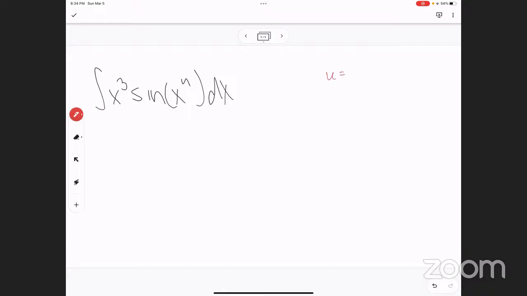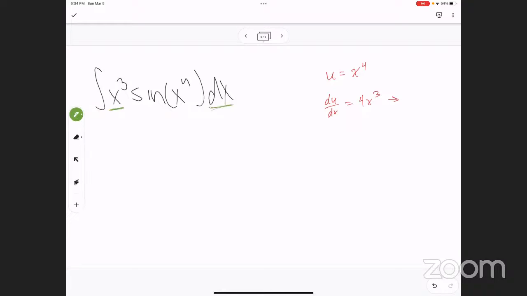All right, what do you think u is going to be here? X to the 4th. Yep, I think so. Good guess. Because then du dx is going to be 4x cubed. Do you see how I have x cubed and dx here?